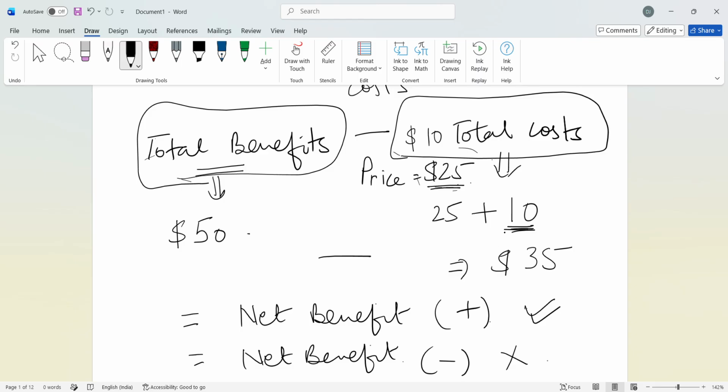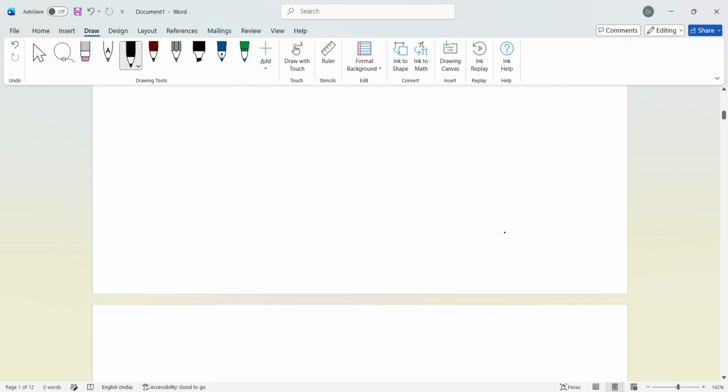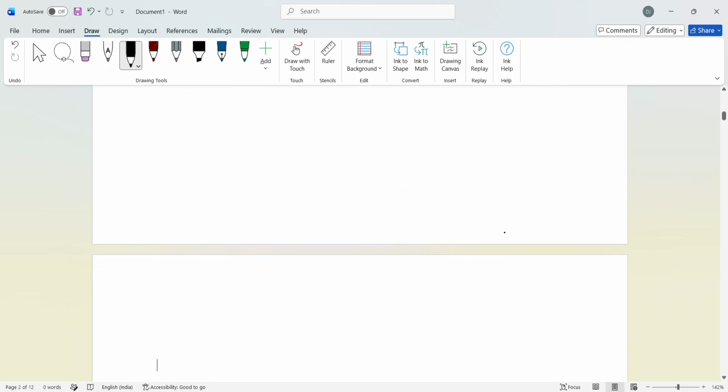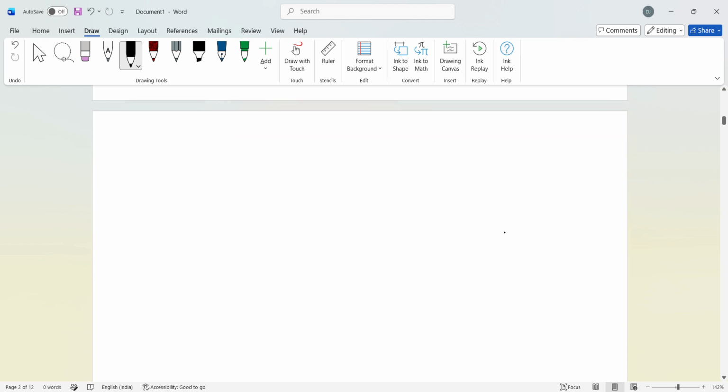So I'll do this again with one of the examples which will clear your explicit and implicit costs nicely. All right, let me start with this.